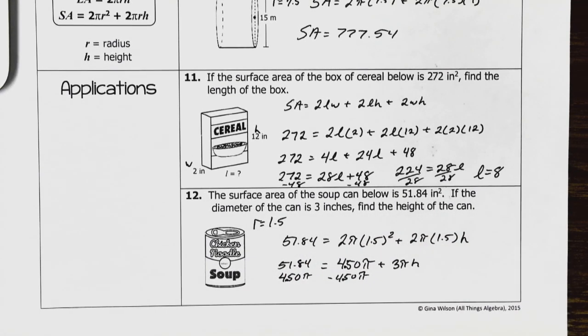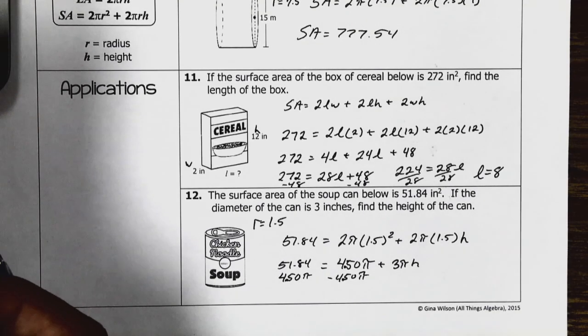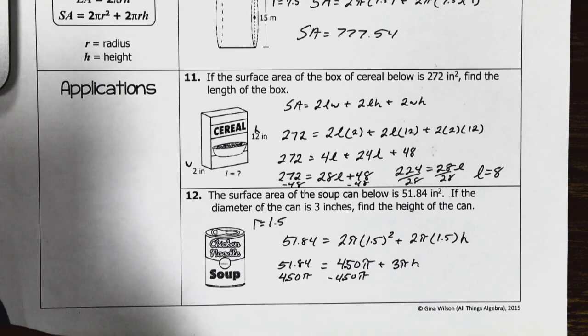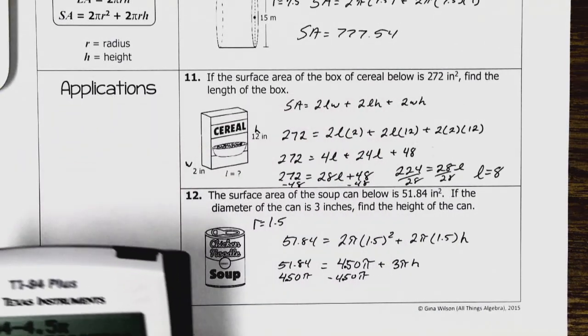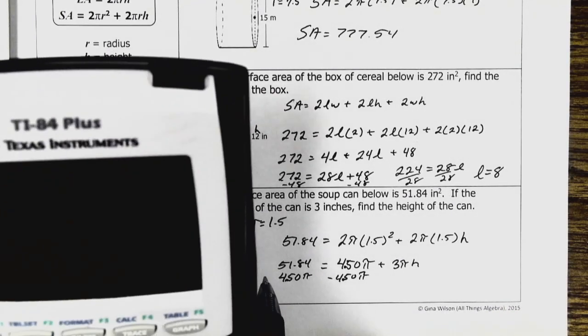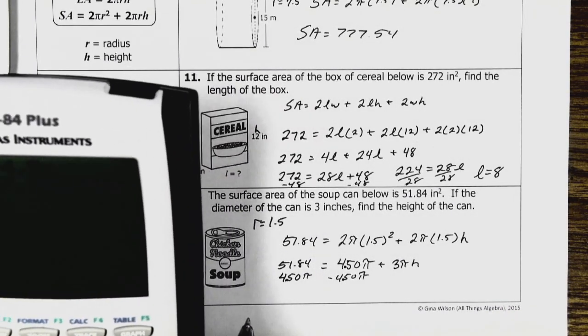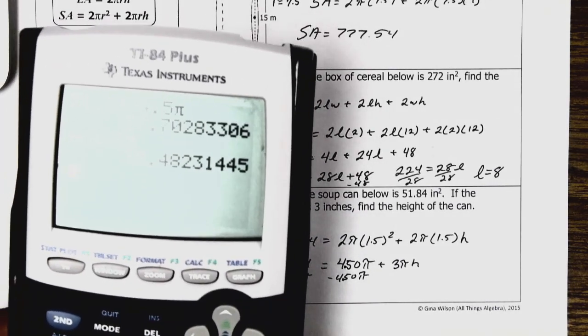That's what I did wrong. There we go. So 51.84 minus 4.5 pi, which is this right here. I'm going to leave that right there. Then all I'm going to do is divide by 3 pi.